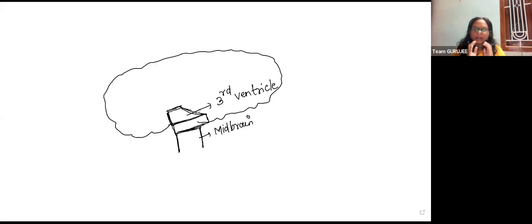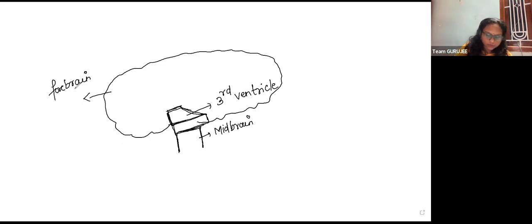You had medulla oblongata, pons, and midbrain. Then you had that brain stem. On the top, what is going to come is your forebrain. On the top of this surface, you have the forebrain.